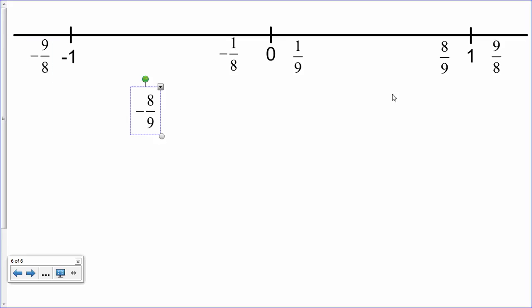Negative 8/9 is the opposite of 8/9. So he's over here. He's greater than negative 1. He's less negative than negative 1, but he's greater than negative 1. So notice the values of these two.